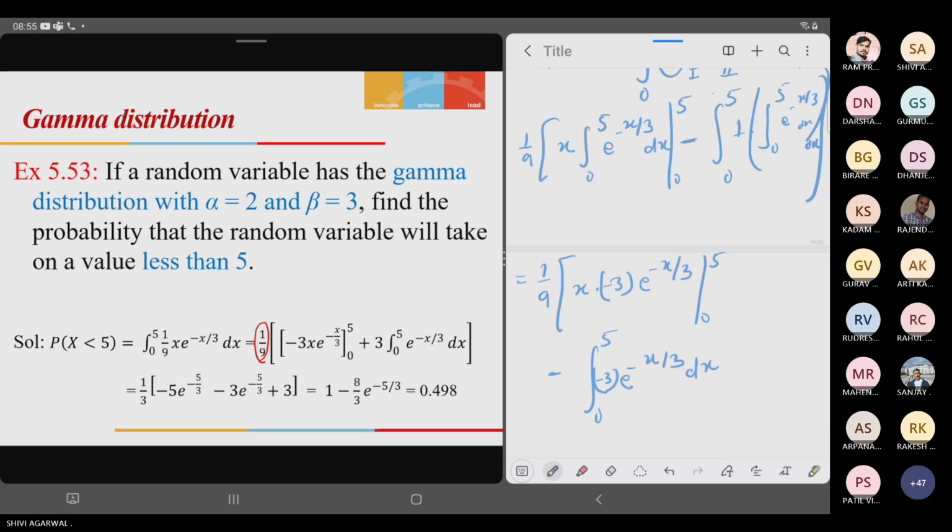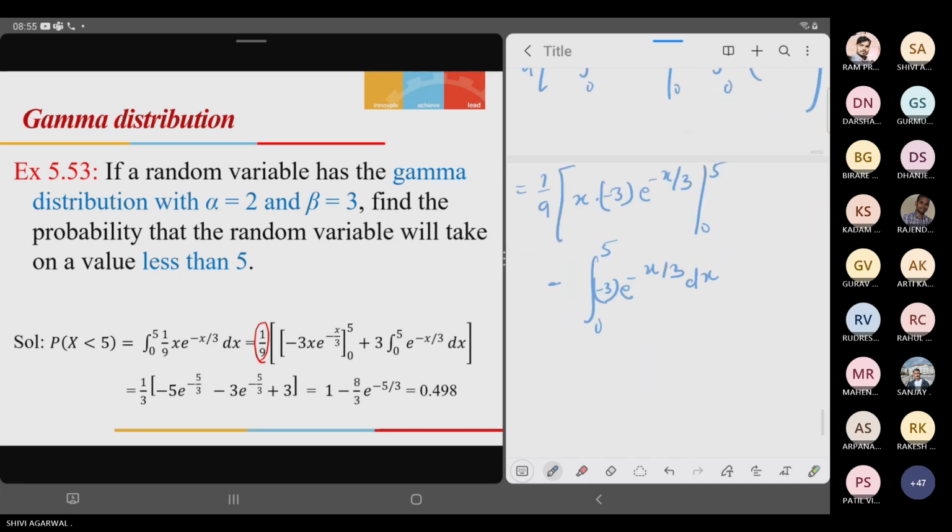Any doubt? So that is given here: minus 3x e to the power minus x by 3, the range is 0 to 5, and 3 times, we are taking minus minus plus in this case, 0 to 5 e to the power minus x by 3 dx here.